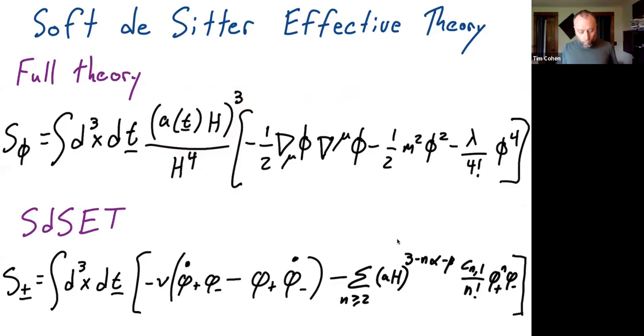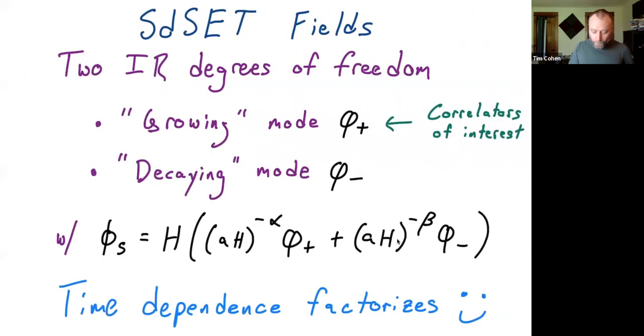The soft de Sitter effective theory is basically taking the long wavelength limit of this theory, and what we get is a first order action written in terms of phi plus and phi minus. I'll define those in a moment. And then we get a tower of polynomial interactions.